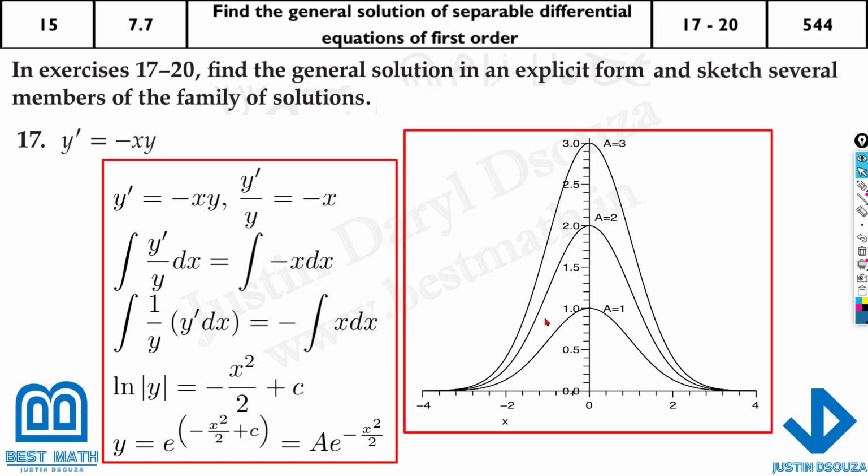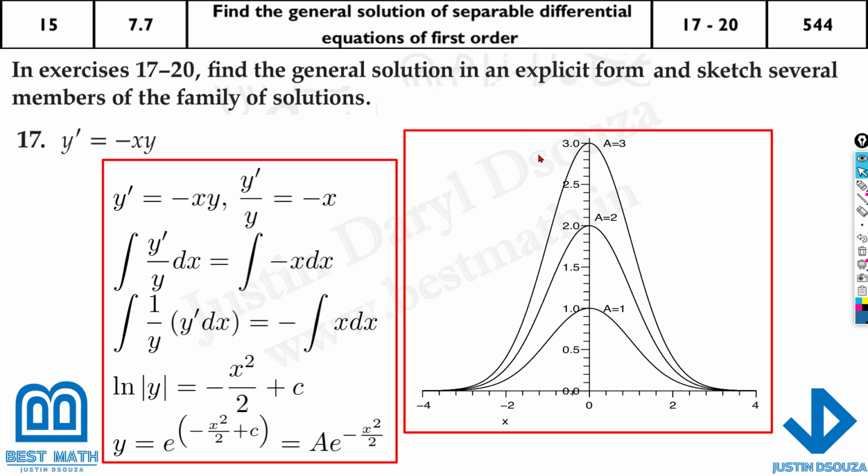Okay, now the graphs. You can easily check the graph by putting in some values. See, this is the equation, right? y is equal to a e to the power minus x squared by 2. So what you do is just substitute some value. Say a is equal to 1. Now you have to assume a constant value and then an x value. Say x value at 0 if a is 1.